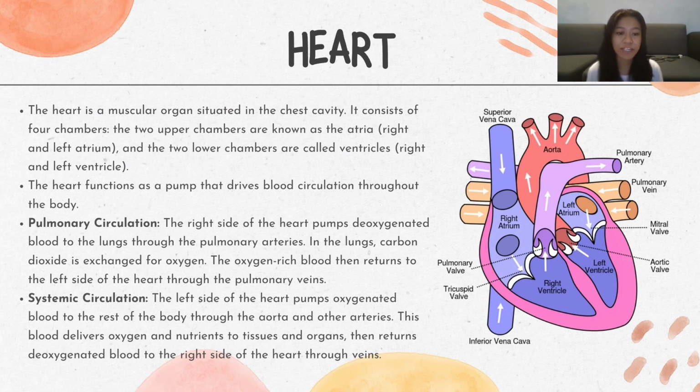And then ang systemic circulation, the left side of the heart, katong pump of oxygenated na blood to the rest of the body through the aorta and other arteries. So kaning blood mag-deliver na sa oxygen and nutrients sa atong tissues and organs, and then mabalik tayo ang deoxygenated blood padulong sa right side sa atong heart through the veins.